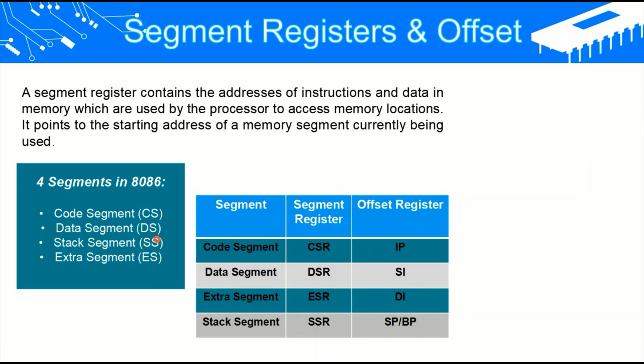It also holds the contents of registers and memory locations, and its offset is relative to the stack pointer and base pointer. The last segment register is the extra segment, which holds the destination addresses of some data containing string instructions, and its offset is relative to the destination index.